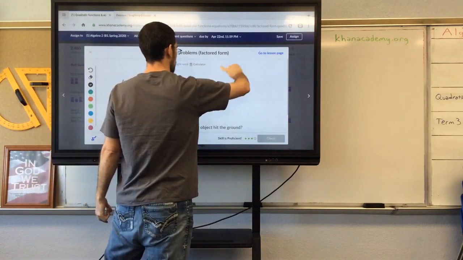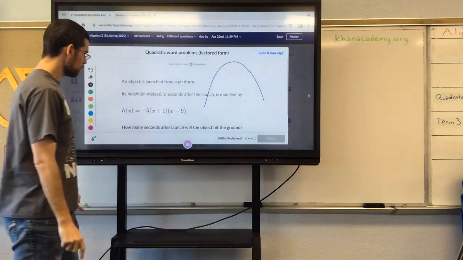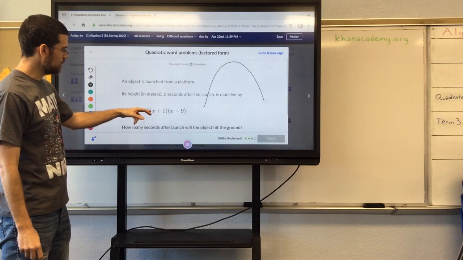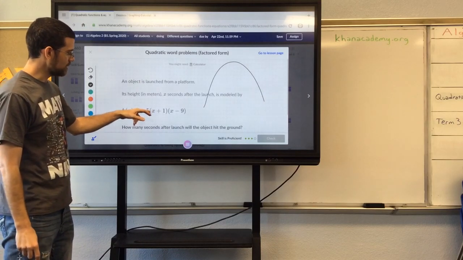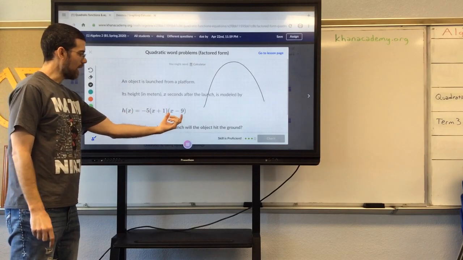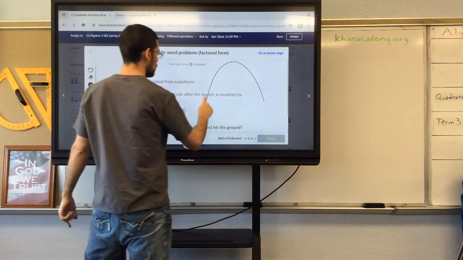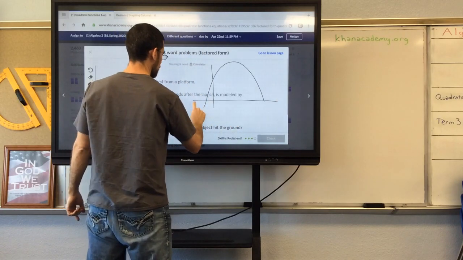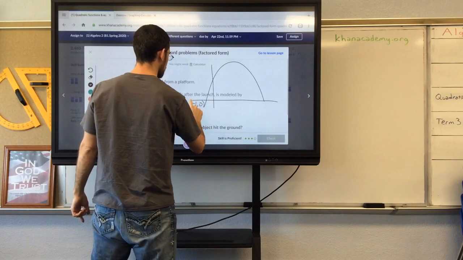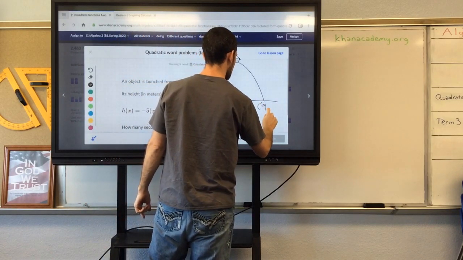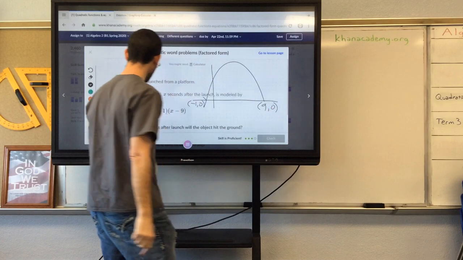So here's our parabola. We have an x-intercept where x equals -1, that'll make this 0, or where x equals 9. So -1, 0 is this point, and 9, 0 is that point.